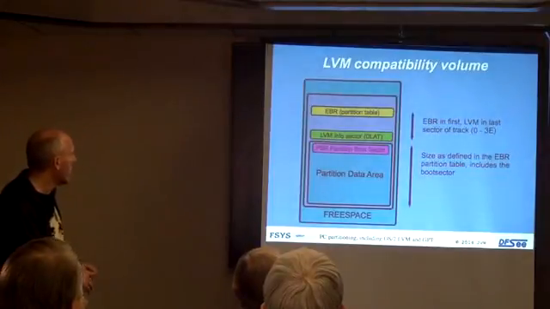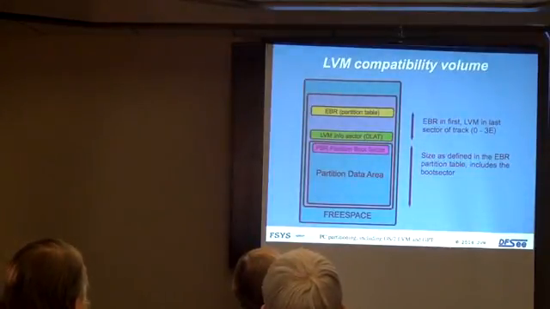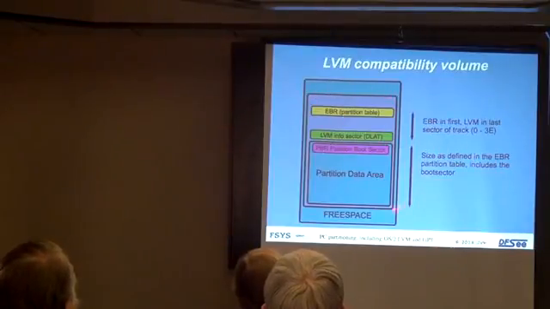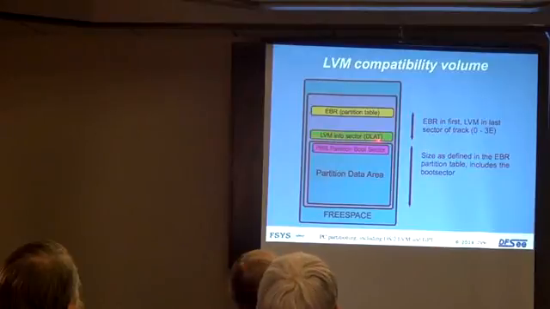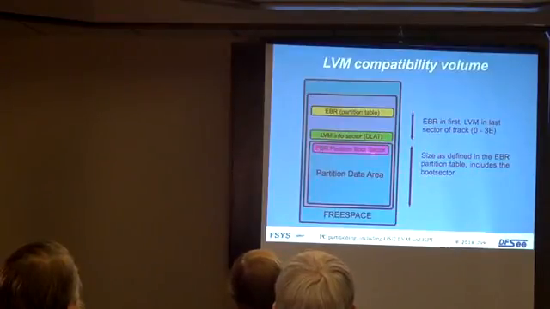Okay, this is what it looks like for a compatibility volume. One disk with a primary partition, or logical in this case. There will be an EBR with the partition table, and in that same track, just a few sectors past it, there will be an LVM information sector, the VLAT, directly before the actual partition with the partition boot sector.